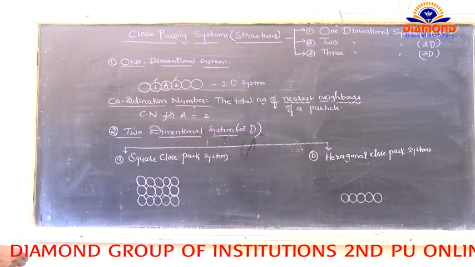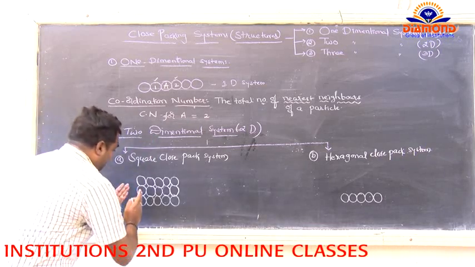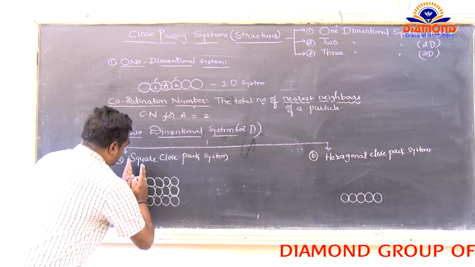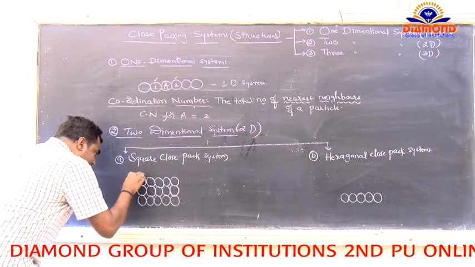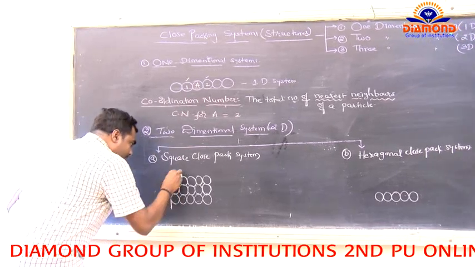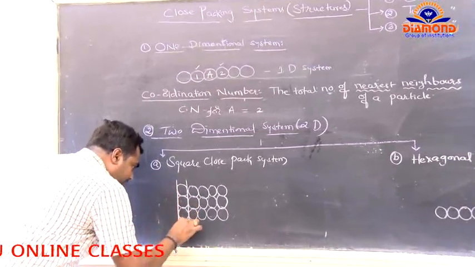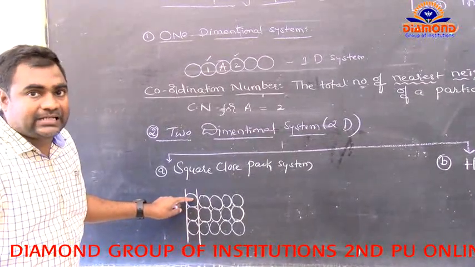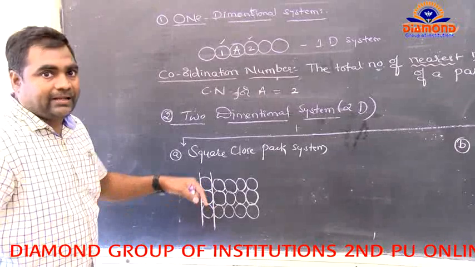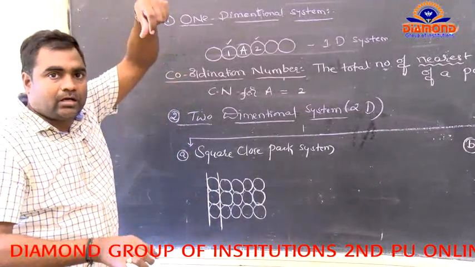Here, you can see the atoms are arranged exactly one over the other. This type of arrangement can be seen in a shuttlecock barrel.